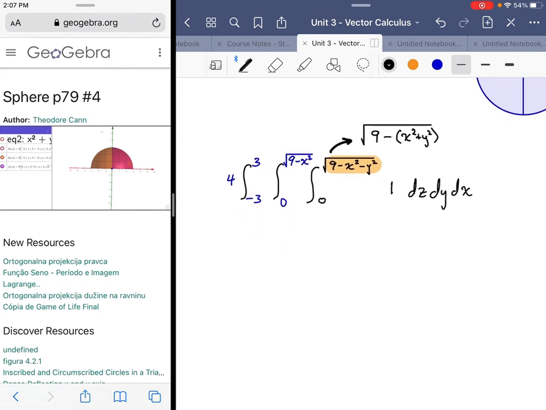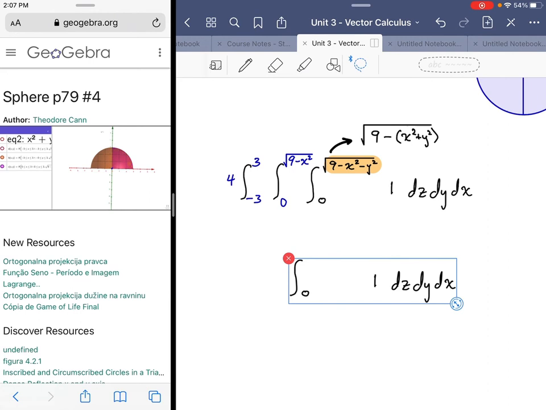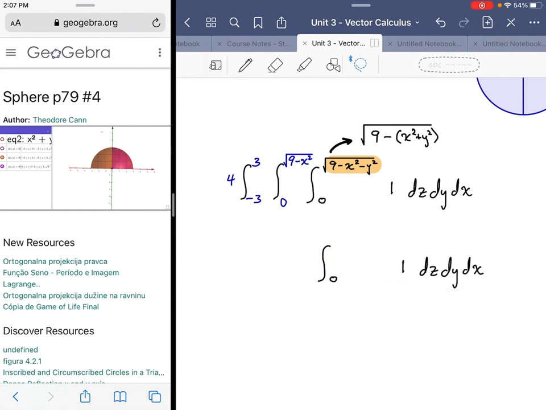So we're looking at a new set of bounds that would go from 0 to, now it's not x squared plus y squared, it's r squared. So 0 to the square root of 9 minus r squared. All right, so that takes care of this piece.